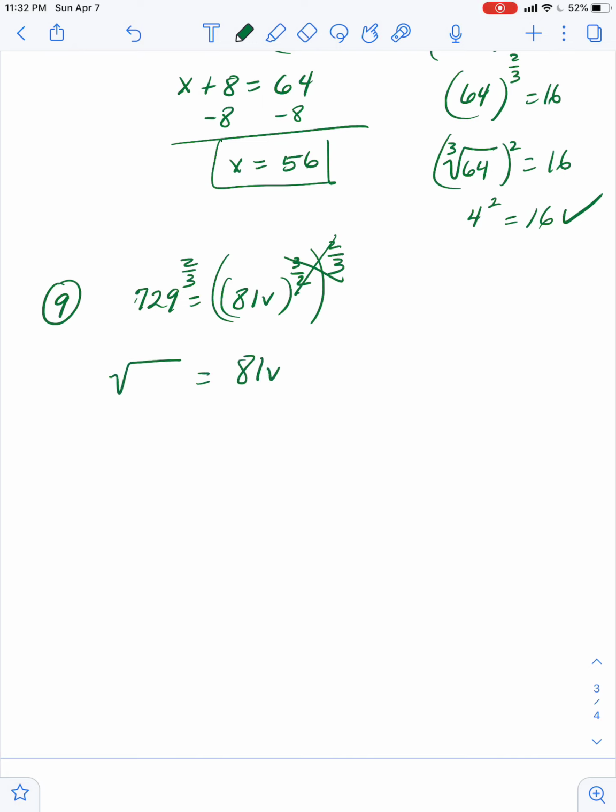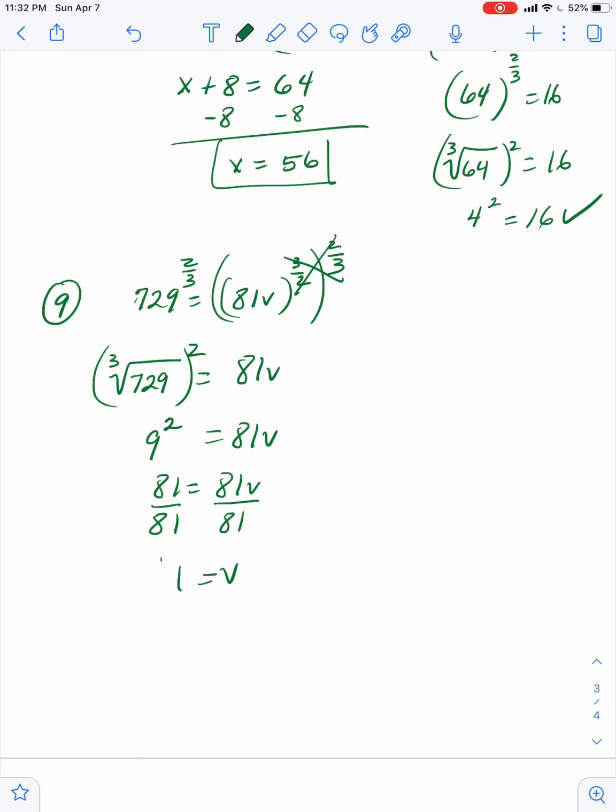And then this would be the cube root of 729 squared. Again, I showed you how to put that in your calculator. The cube root of 729 would be 9. 9 squared is 81. And we can solve this. Again, guys, I'm not spending a lot of time on actually solving the steps because you should be able to handle that by now. That should not be anything new to you.